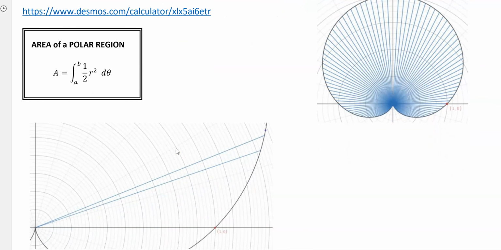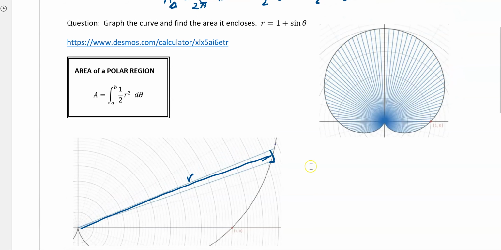If we look at one sector, it's not really a sector, so we create one that gives us kind of what we want right there. See how it's hitting the graph itself here? That's our radius, and our radius is equal to 1 plus sine theta.